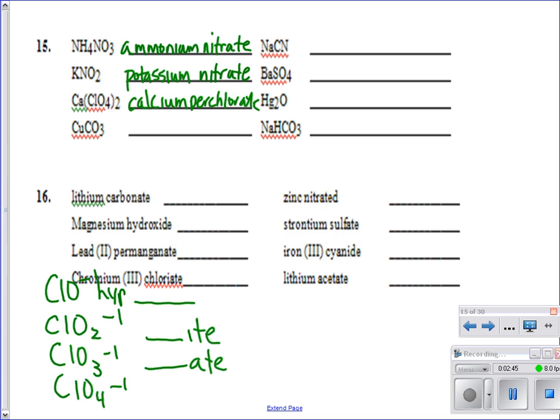Hypo, blank, and since it's on the low end, it ends with the ite. So this is hypochlorite. Down here, this is on the high end, so it ends in ate. What's its prefix? Per. This same pattern works for all of those halogens.